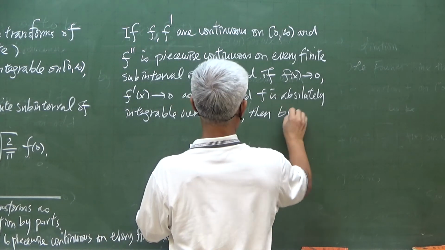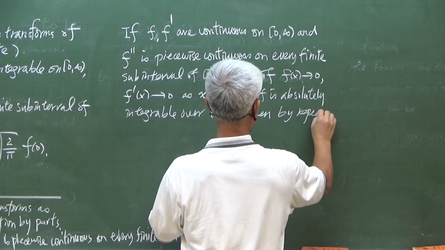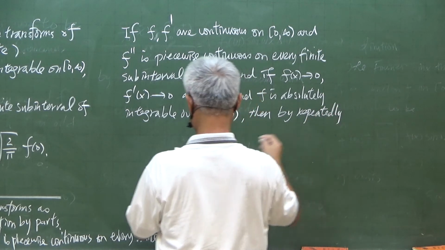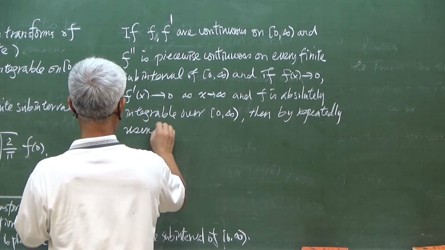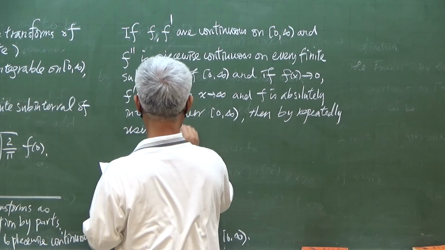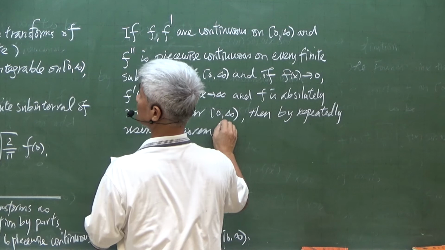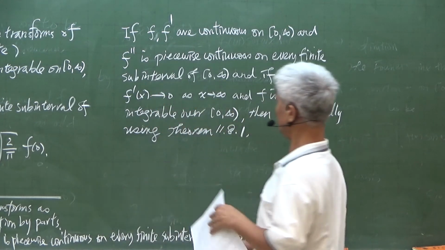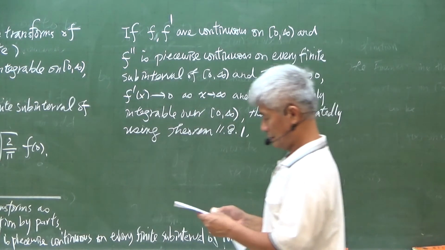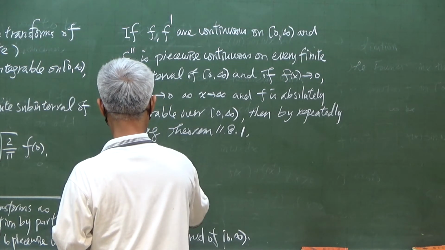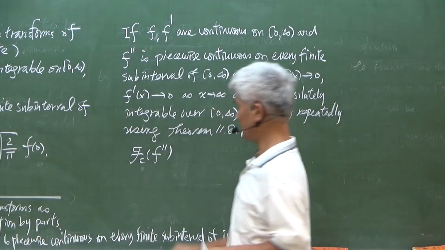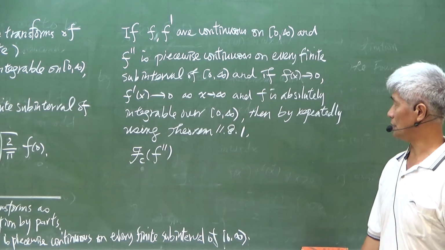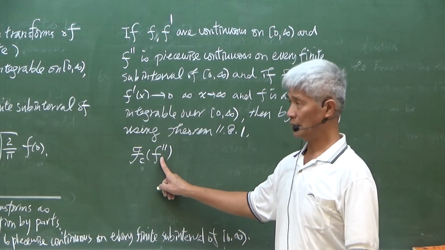Then, by repeatedly using this theorem, okay, so now the Fourier cosine transform of the second derivative.